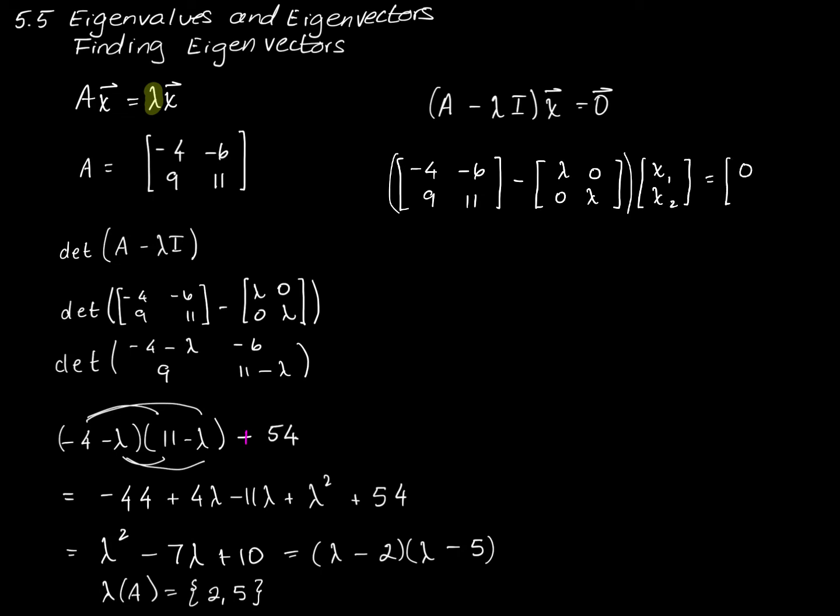They may be the same, and that equals the zero vector. And this arithmetic gives me -4 minus lambda, -6 minus 0, 9 minus 0, and 11 minus lambda. That is just the result of that matrix subtraction there.